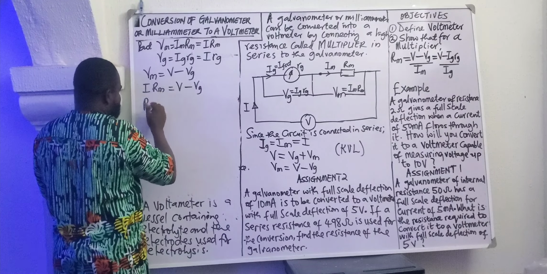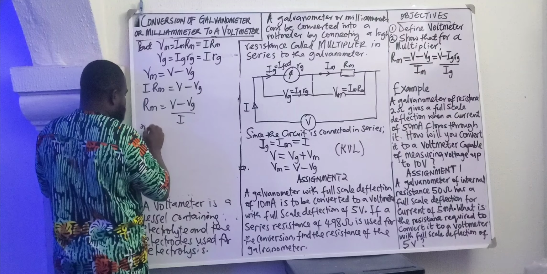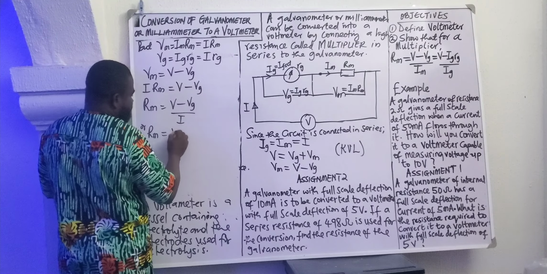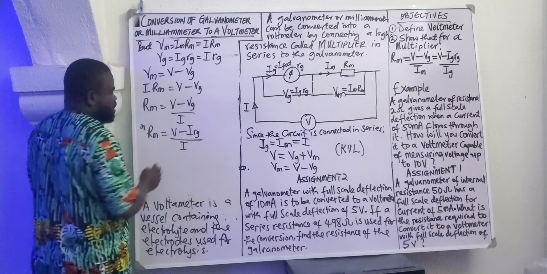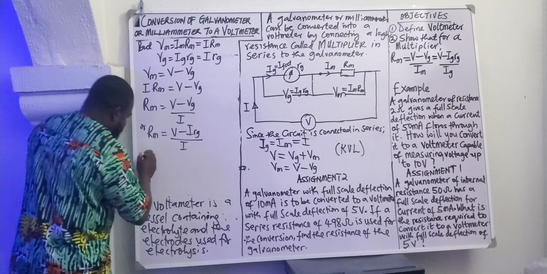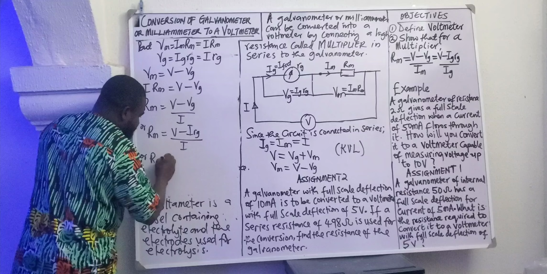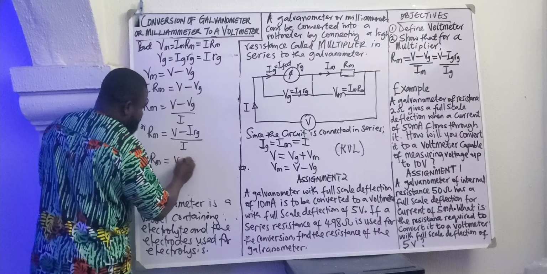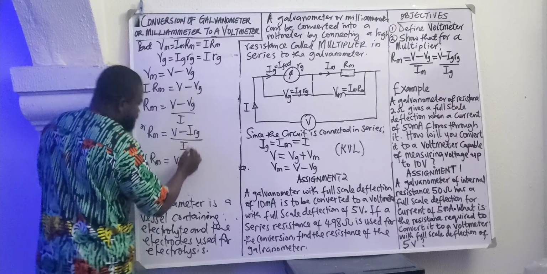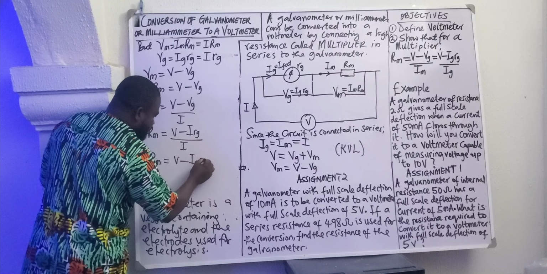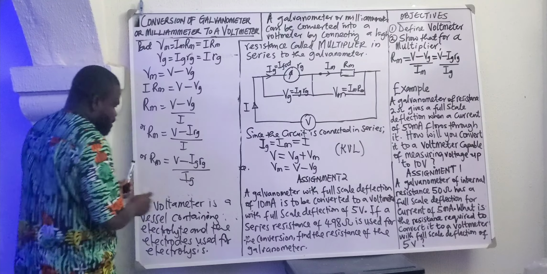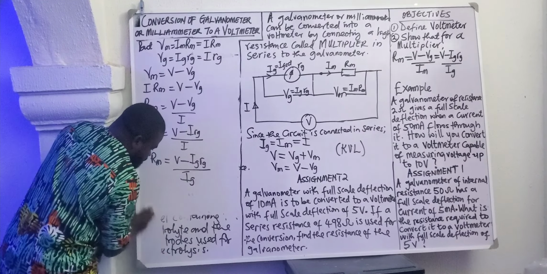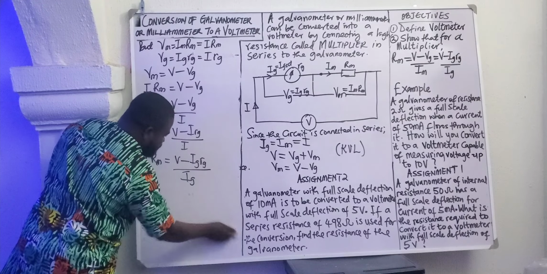Now, I can also write this as R_M is equal to V minus, in place of Vg, I can put I R_G, all over I. This is another way of representing it. Or I can say R_M is equal to V minus Ig R_G over Ig. I told you all the currents are the same because this is a series connection. So how do you know a series connection?